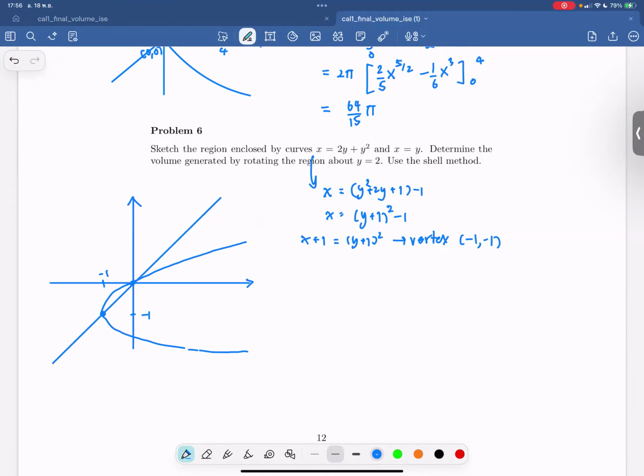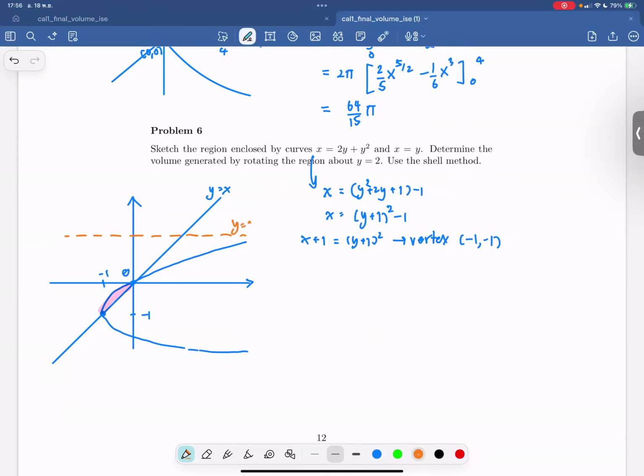It's just a linear function. Okay, so the intersection points should be at y equal to -1 and 0. And this is the area of the rotation. For this problem, we have to rotate about y equal to 2. y equal to 2 is the horizontal line over here.